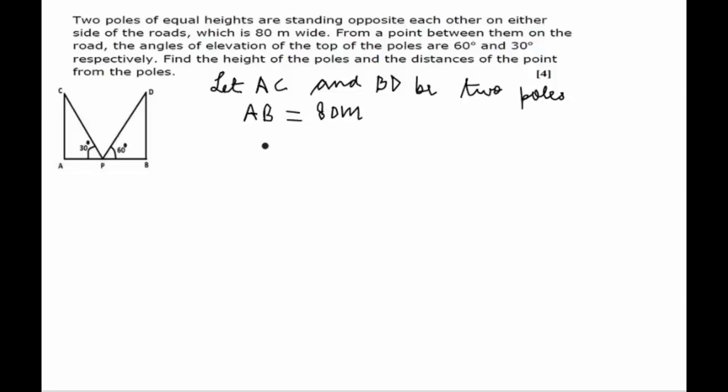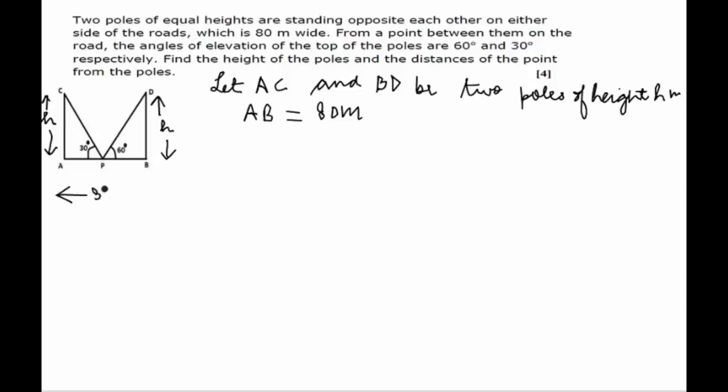Both are of the same height. Let's say the height is h meters. So AC and BD will both be equal to h meters. AB was given equal to 80 meters.